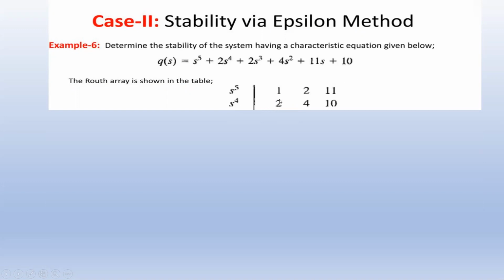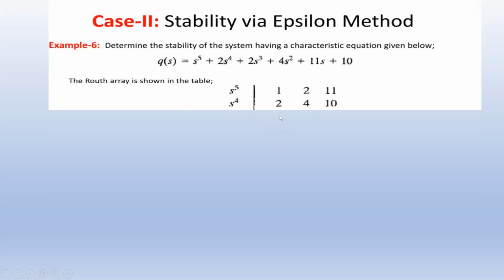So let us calculate the next elements in this Routh array. 2 into 2 will yield 4, minus 4 into 1, that will be 0. 0 by 2 will become 0 over here. So we are having 0 in the first column. Then what we can do is substitute a small value epsilon in place of this 0.